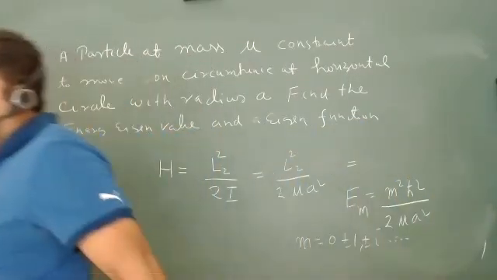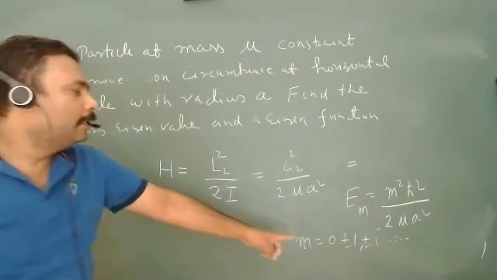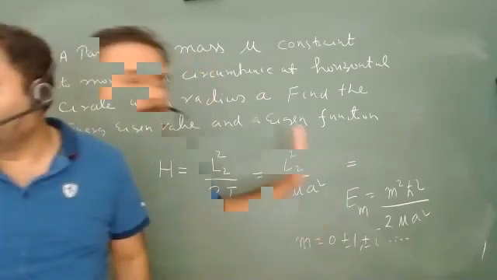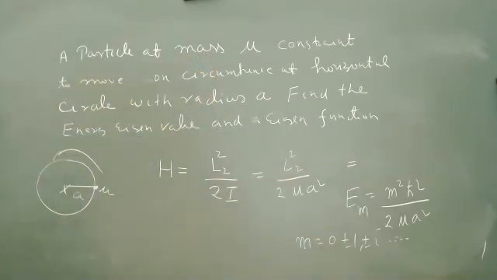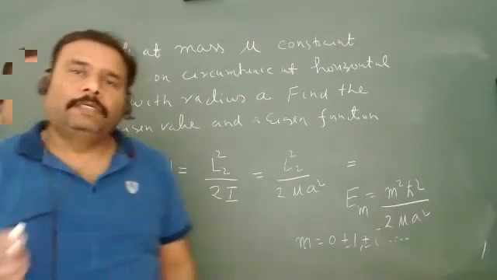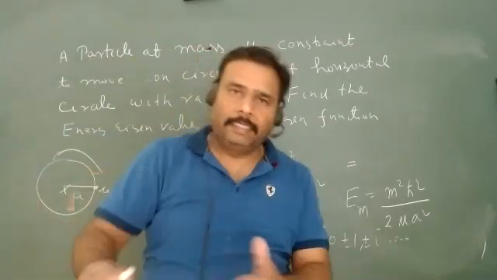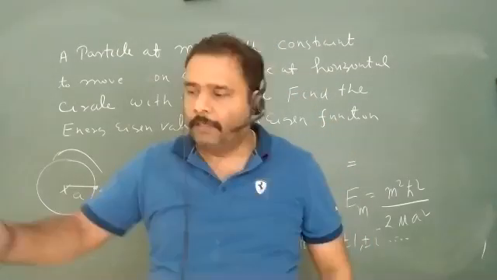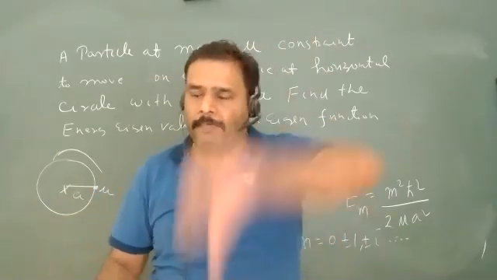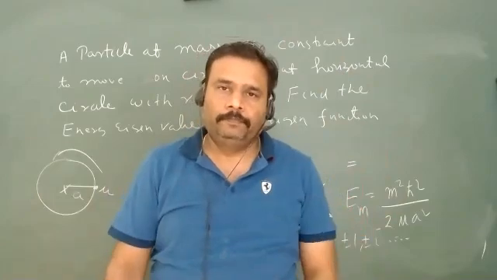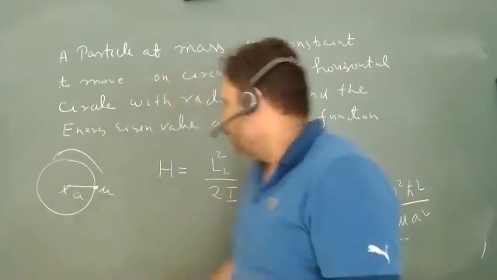This answer is exactly that of the particle in a box, except m is equal to 0 is also allowed. And why plus and minus? You can rotate the particle clockwise, then angular momentum is upward. And if you rotate the particle anti-clockwise, then angular momentum is downward. So this is the answer.